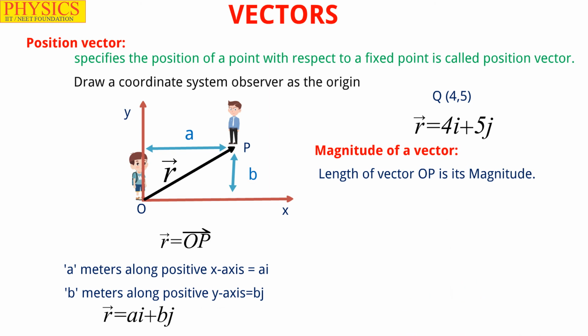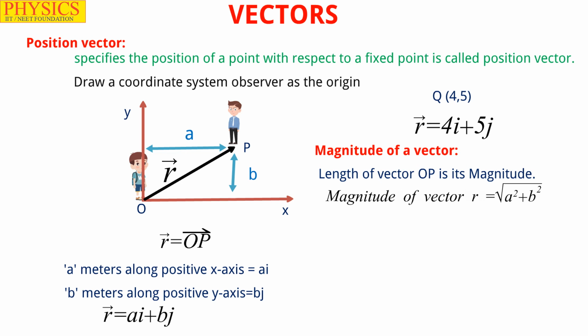You might have learnt it in your mathematics. Therefore, the length of the vector OP is the square root of x square plus y square. This is the formula to calculate a position vector's magnitude.